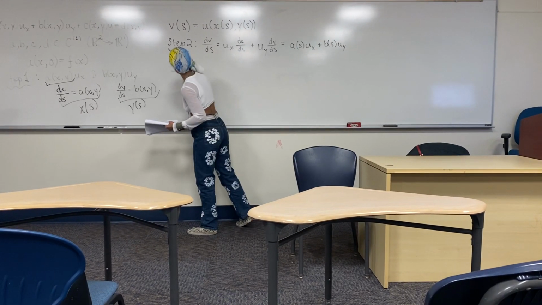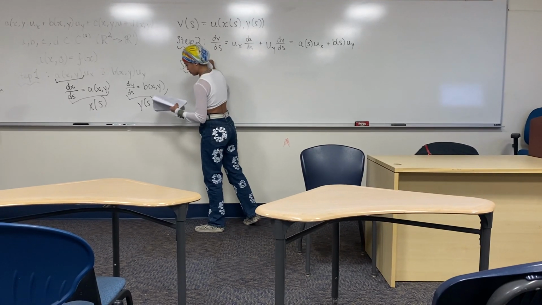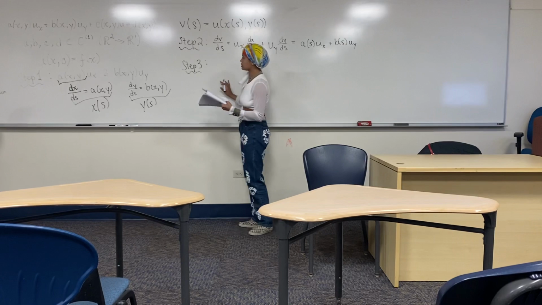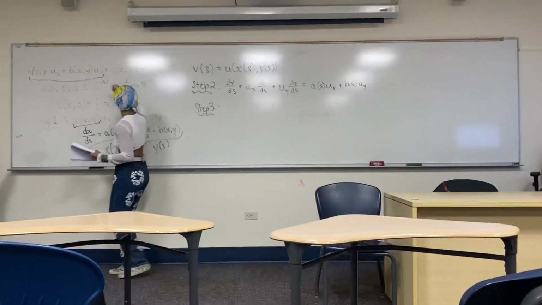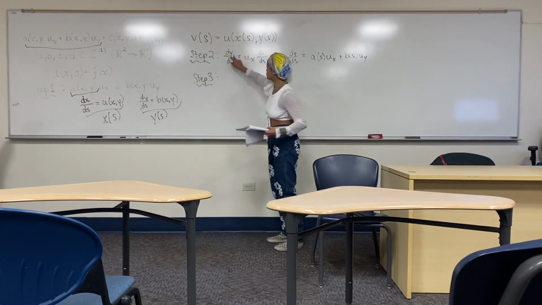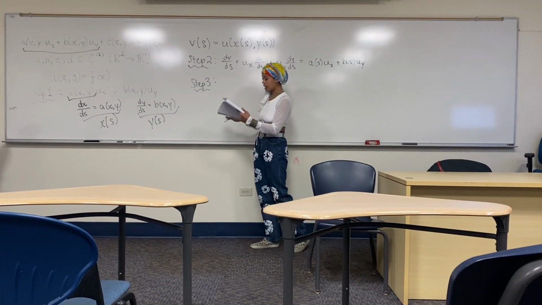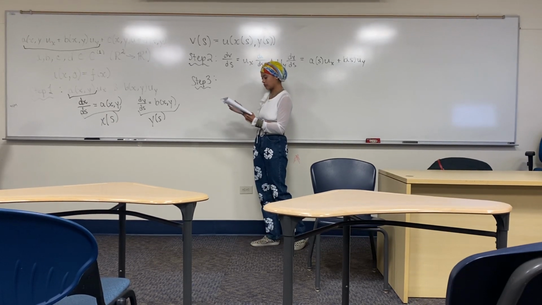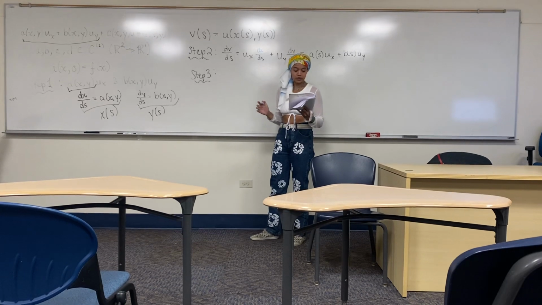Then in step 3, what we're going to do is replace what we have here from our original equation with what we just found, which is our derivative of v with respect to s. And once we replace that, we end up with a first order linear ODE we know how to solve.